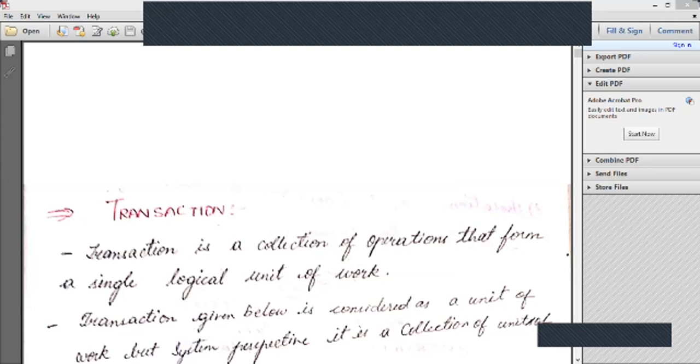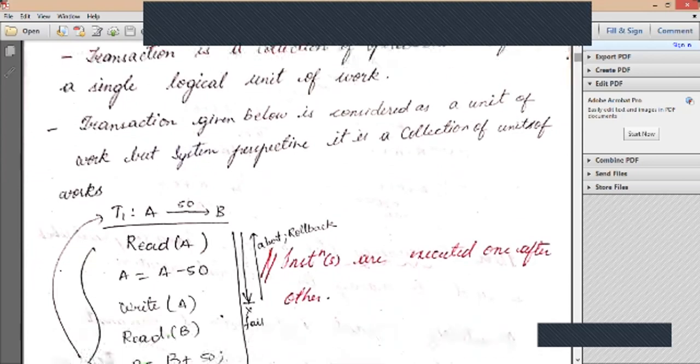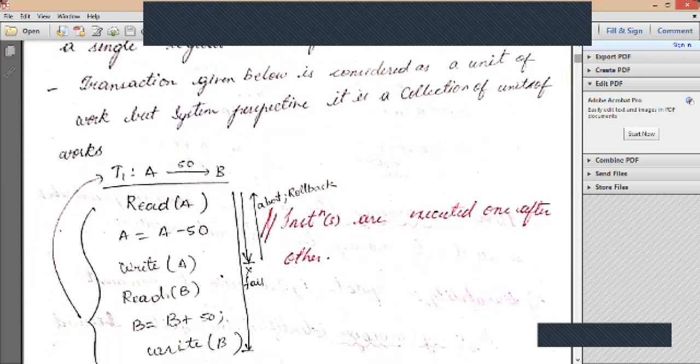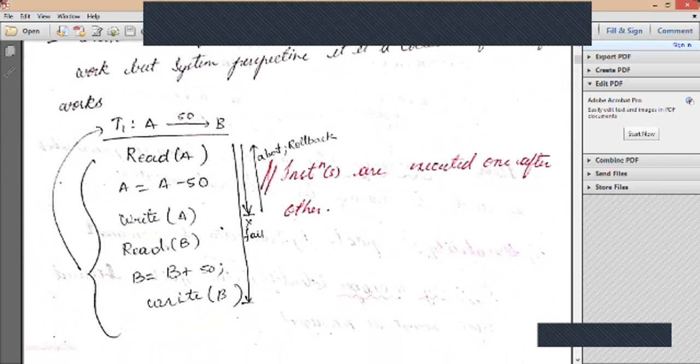Now what is a transaction basically? What do you mean by transaction? It is nothing but you are performing some operations, which are some logical operations. Let's take this example: a particular transaction is happening. Suppose A is sending 50 rupees to B through an online transaction.